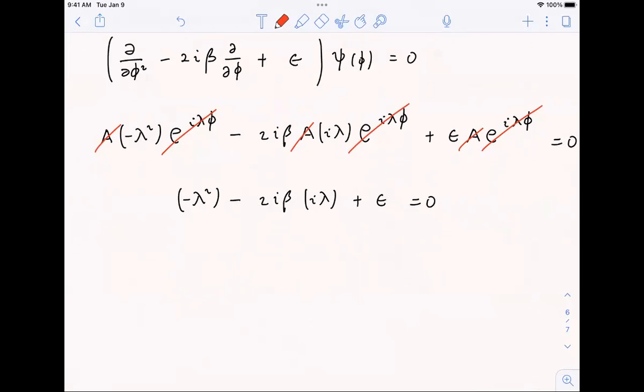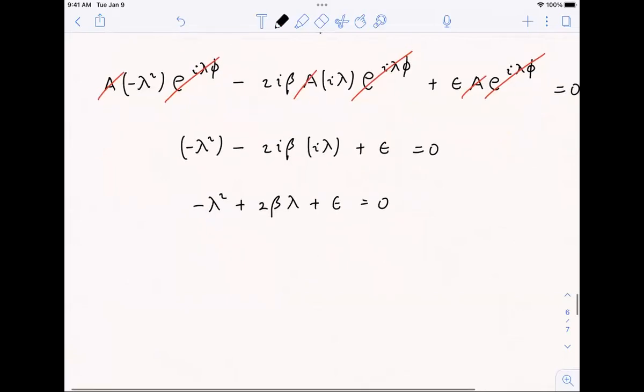Okay, so you get the quadratic equation. So let's write it out. You have plus 2 beta lambda plus... So this is just a quadratic equation, so we get the solution immediately. This lambda will be equal to negative 2 beta plus and minus the square root of 4 beta square minus 4AC.